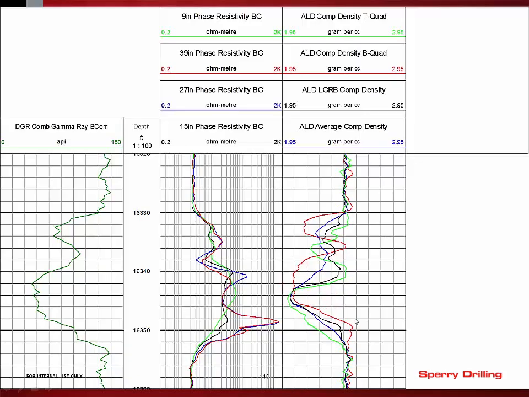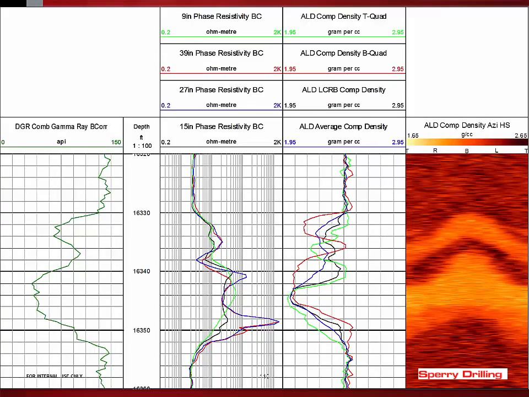Now, there's one way to be clear about what you really have in this situation. Just looking at these curves, it's very confusing to know which one is which and which one might be best. There's one way to get a much clearer picture of what's going on, and that, of course, is to use an image. Here I've got the density image plotted, and this is clearly showing our two beds. We've got a nice thin sand and a much thicker sand below it, separated by a thin shale.